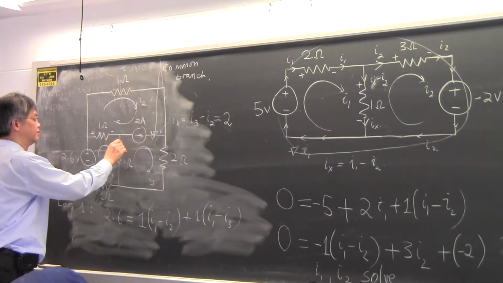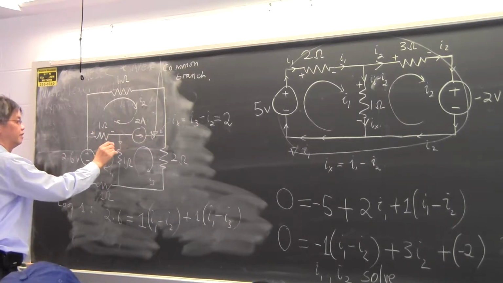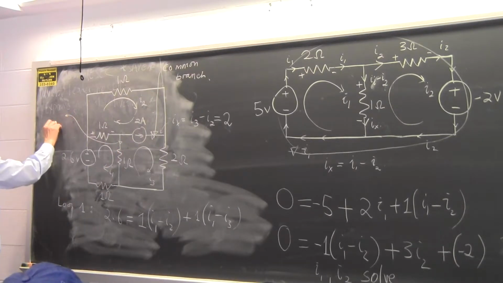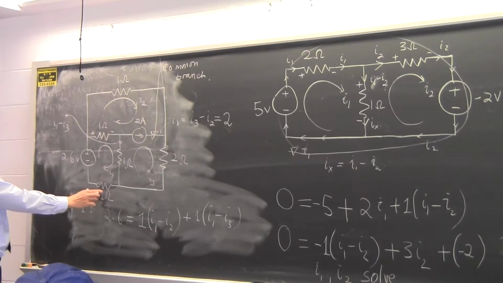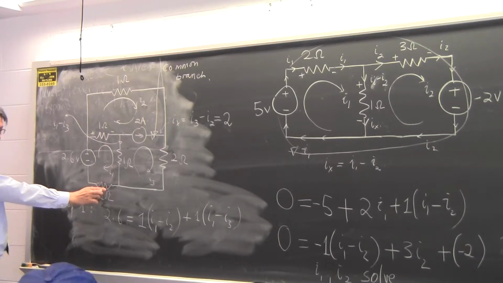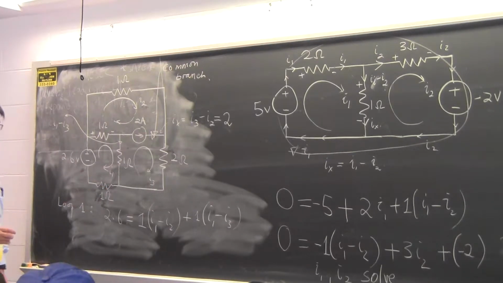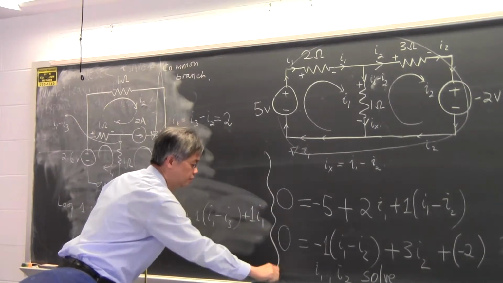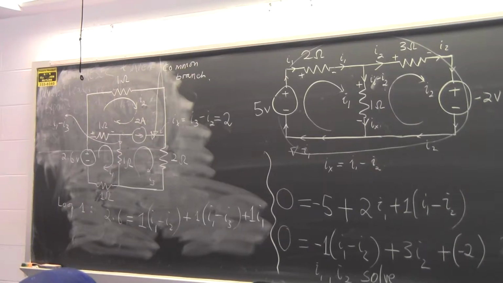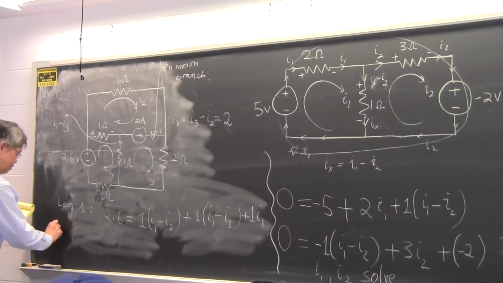If I draw it out, it's I1 minus I3. That is the current that's going there. And then the last voltage drop. What is the current that goes through it? It's just I1, right? Plus 1 times I1. So I have one equation from loop 1. And now I look at loop 2.